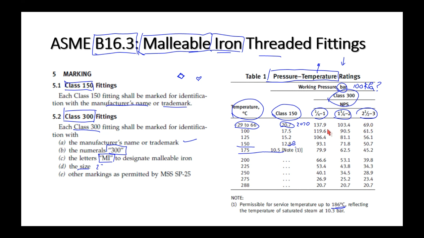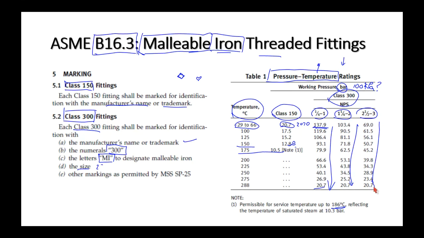So a class 300 fitting, let's say it's a 1-inch NPS fitting, has a much higher pressure rating. But again, the pressure rating drops as the temperature increases.